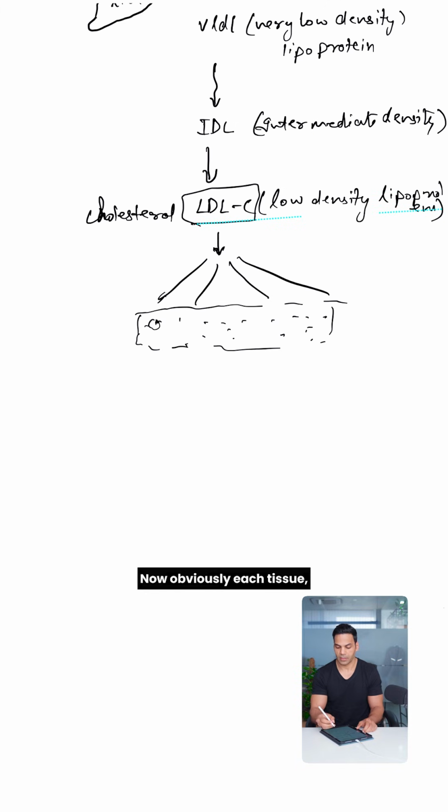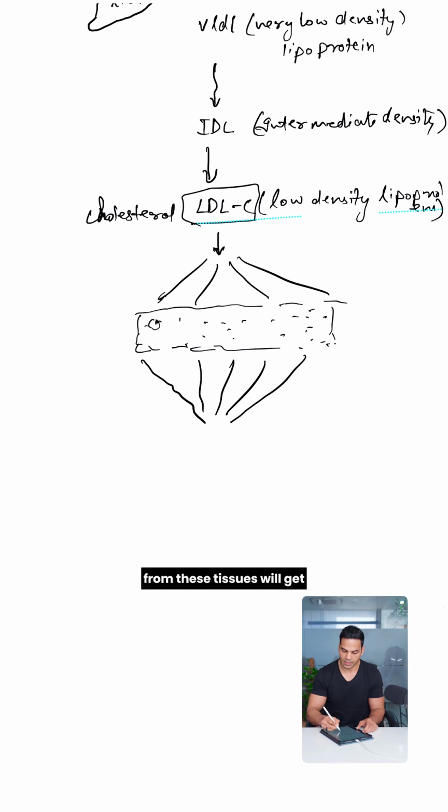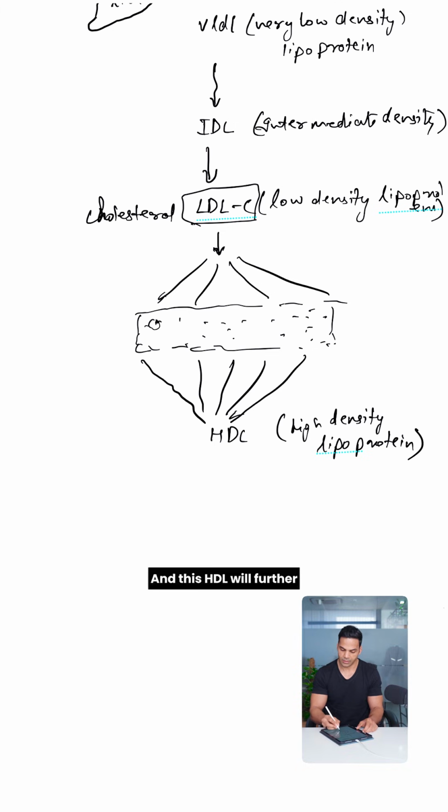Each tissue will have its own requirement for cholesterol, but there is going to be some excess cholesterol which they don't need, and so the excess cholesterol from these tissues will get collected again by HDL, or high density lipoprotein, and this HDL will further take it back to the liver for further processing, right?